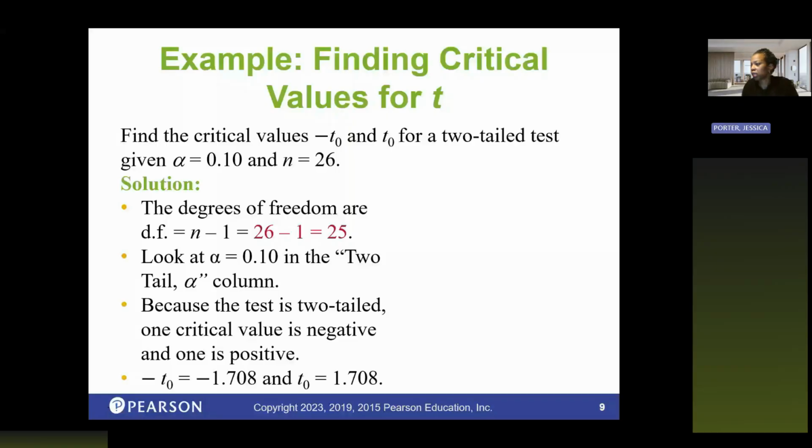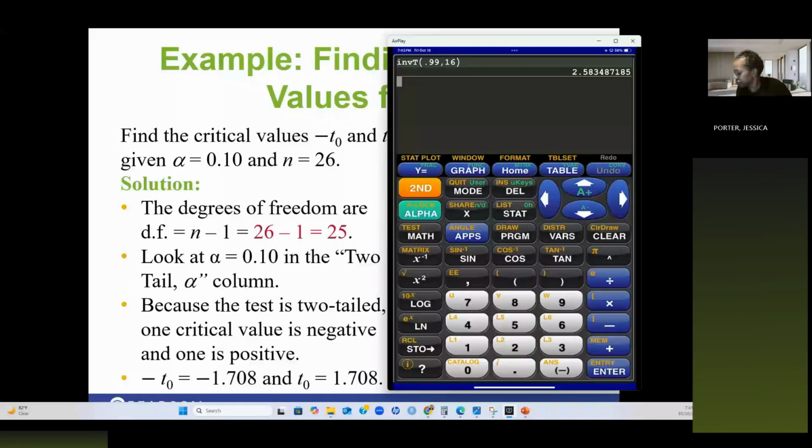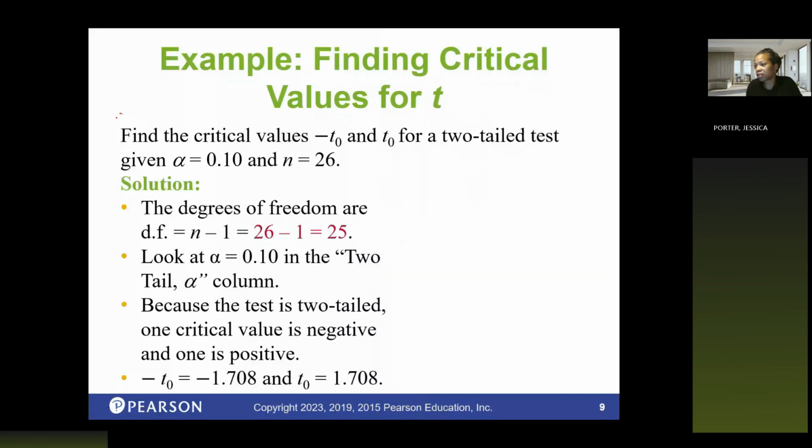Alpha is split between these two sides. That means I have 0.05 here and 0.05 over here on this side.